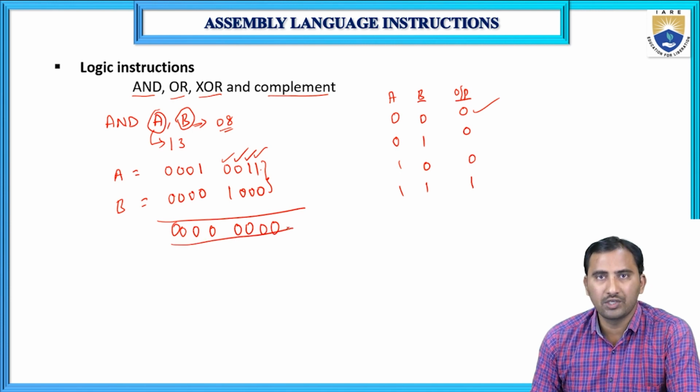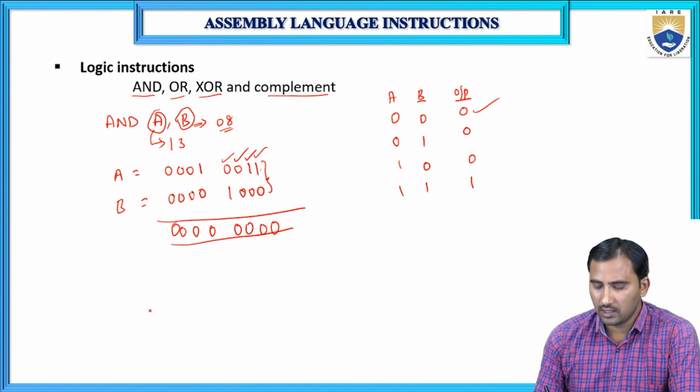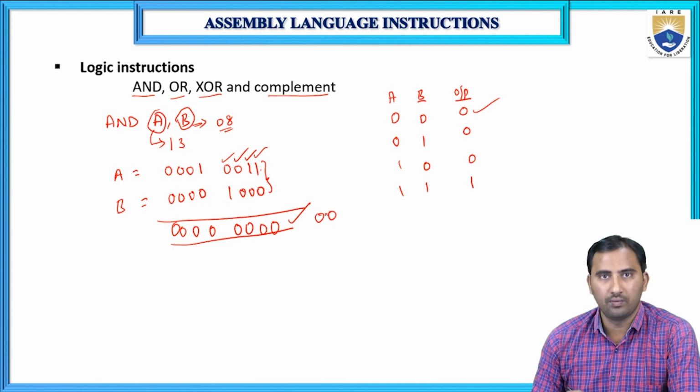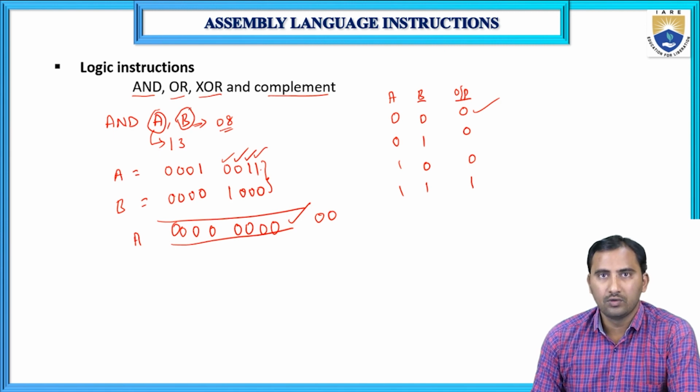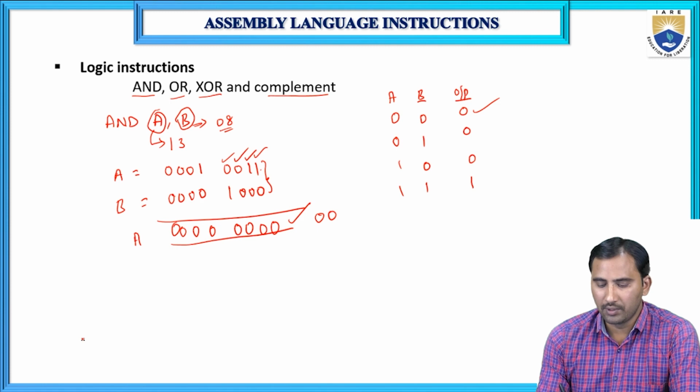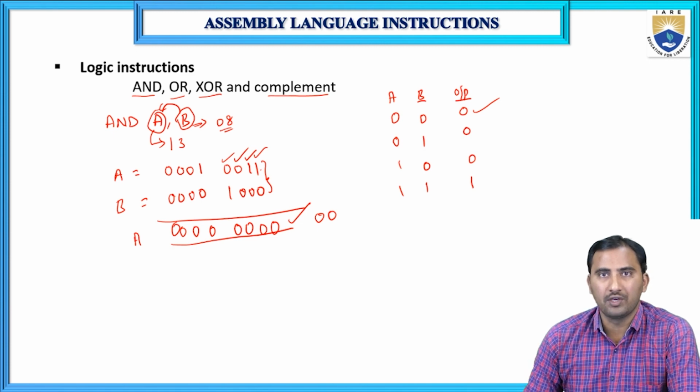After performing the AND operation, the result is 0. It will be stored in register A. Always, once we have performed the operation, the result is automatically stored in the accumulator, the A register.